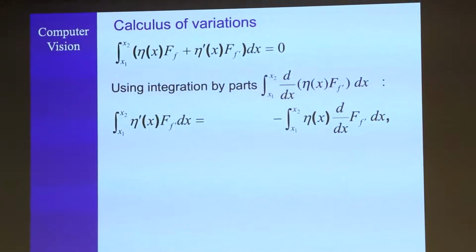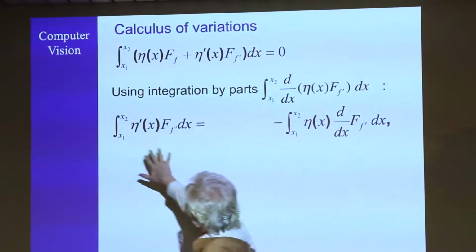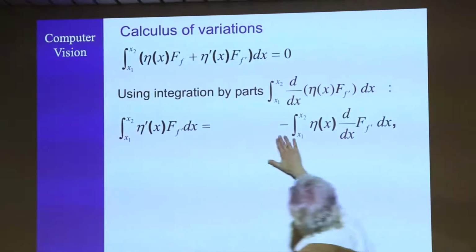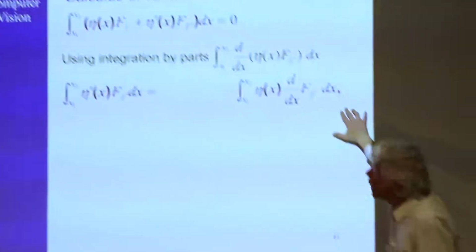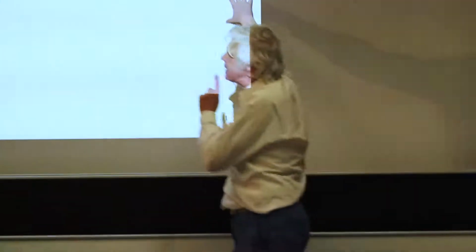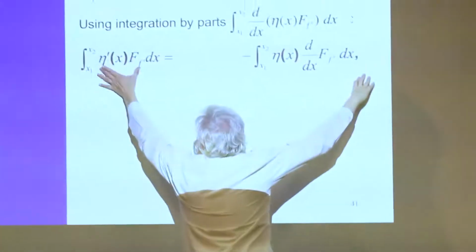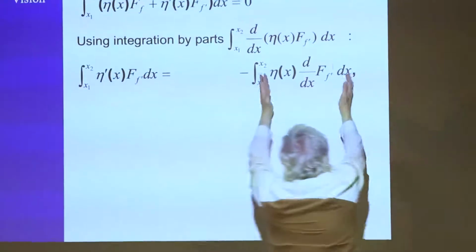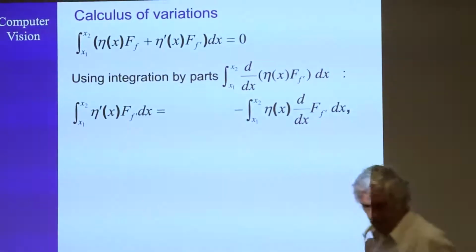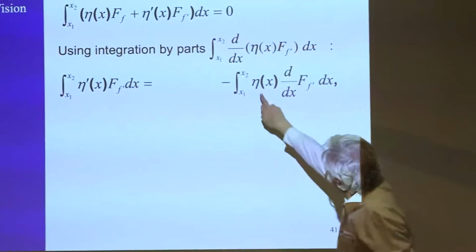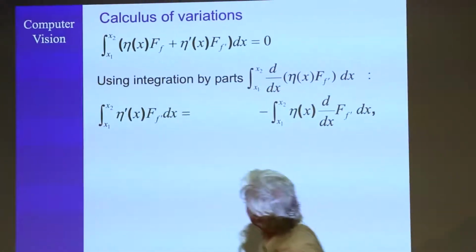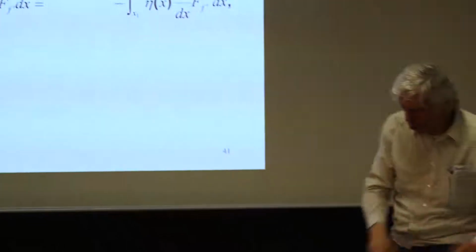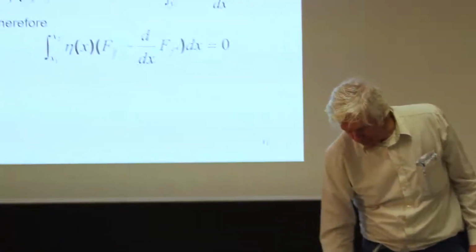So what that now means is that this integral here is the same as that integral. So we can replace the second part here by this part here. Notice it has eta in there, just like the first term. So both parts will now have eta. We can bring it out. And there you go.